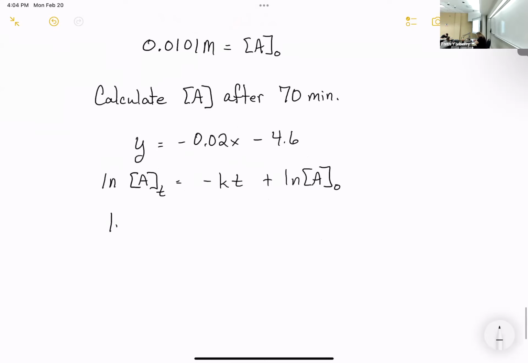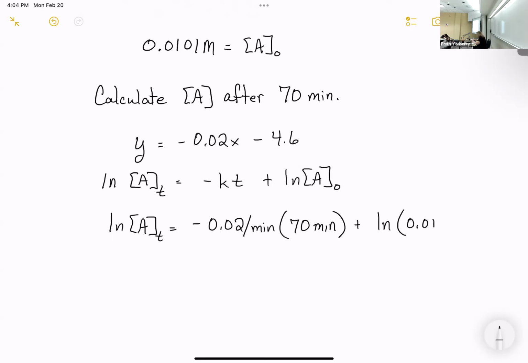So the natural log of AT is equal to a negative 0.02 per minute times 70 minutes, plus, technically, we could use the value we just calculated of natural log of 0.01.